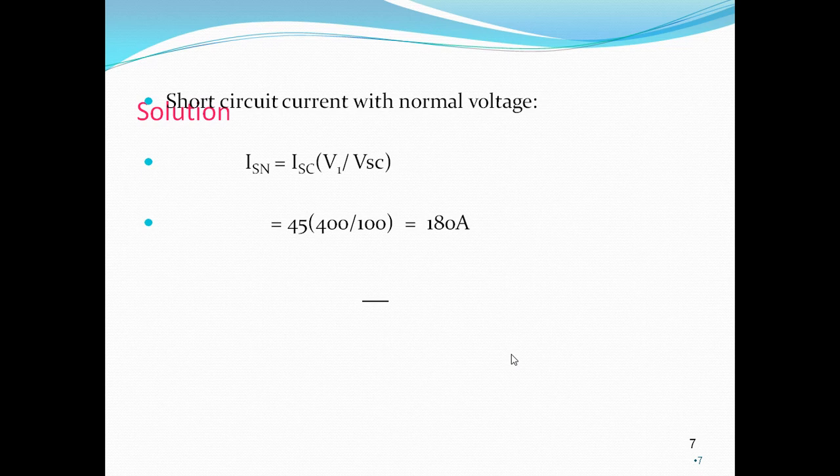We have to use this current scale throughout the circle diagram. So that is OB, that is 180 by 10. How much? That is 18 centimeters.